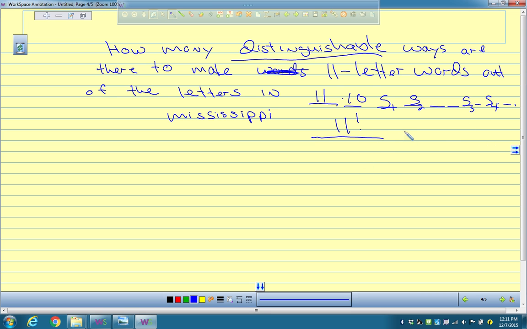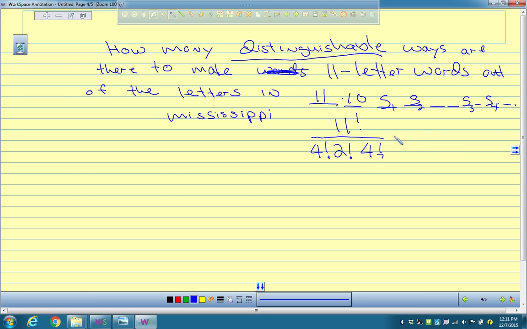But since I can't tell the difference, I have to divide by how many different arrangements there are of 4 things. How many ways could I arrange 4 S's? 4 factorial, okay? So if they say distinguishable, you need to divide by the number of repeats of the S's, and you need to divide by the number of repeats of P's and I's, okay?